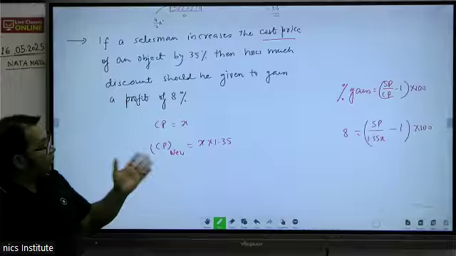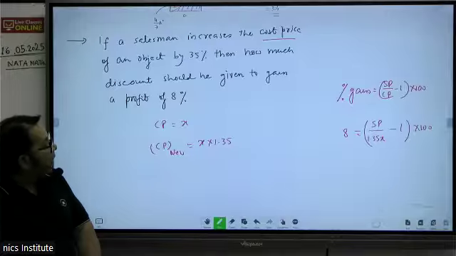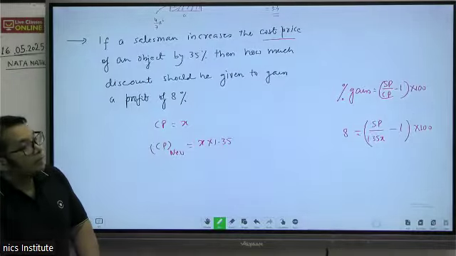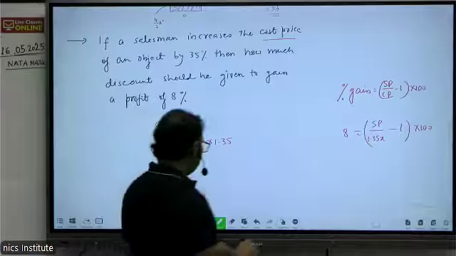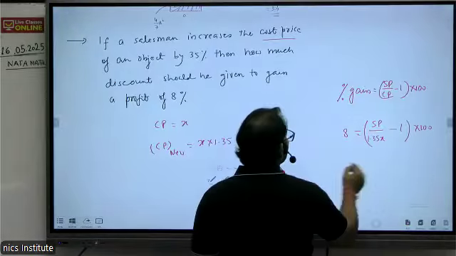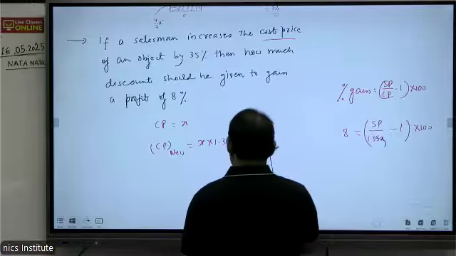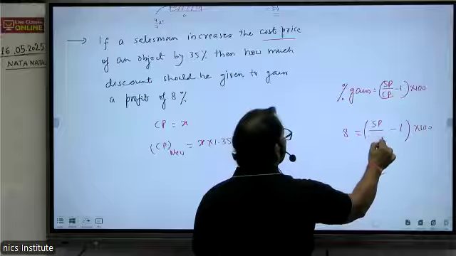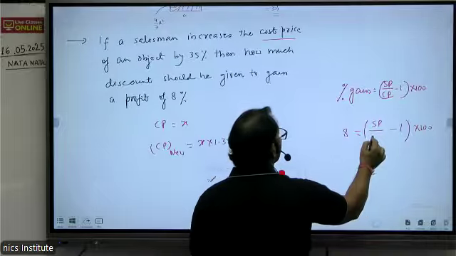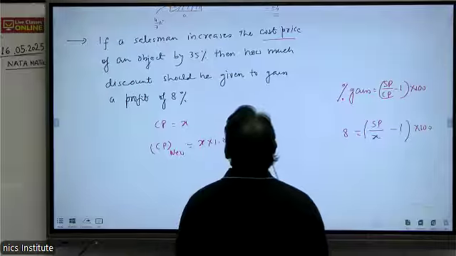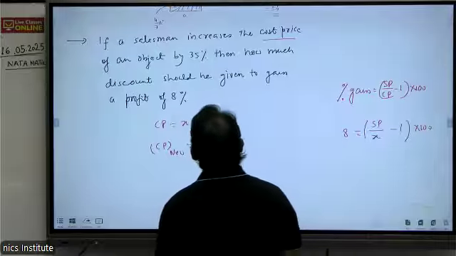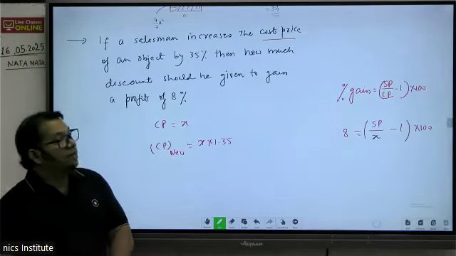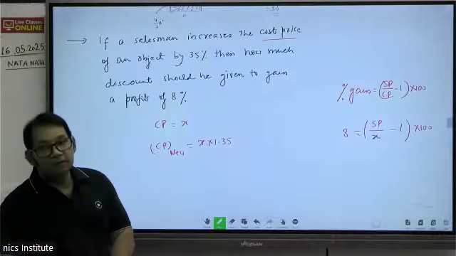So which is 1.35x. But then the cost price should have been X, not 1.35x, because it should remain X only, no? This should be X only. Wording is slightly confusing. Because what is the cost price should be sell price for the customer.